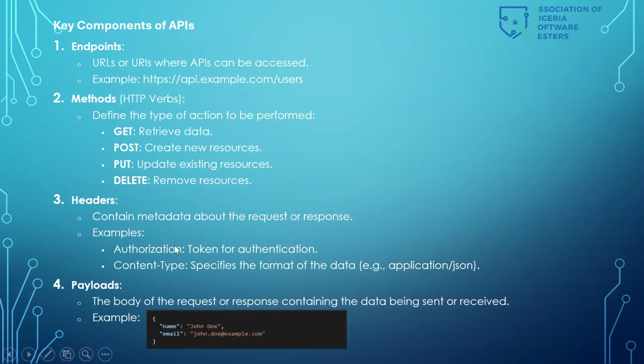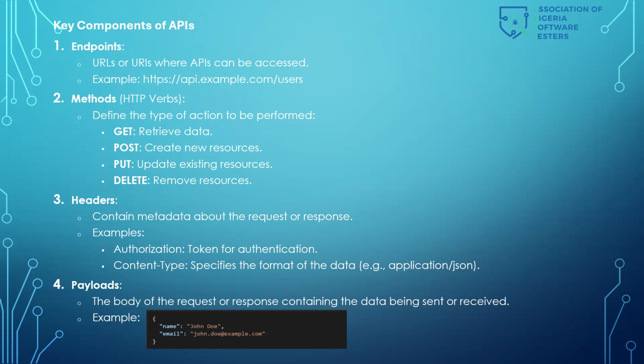So another component that you'd see on your API is your header. This contains metadata about the request or response, like the things you need, for example authorization. You agree with me that before you can log into a website or an application, you need authorization.